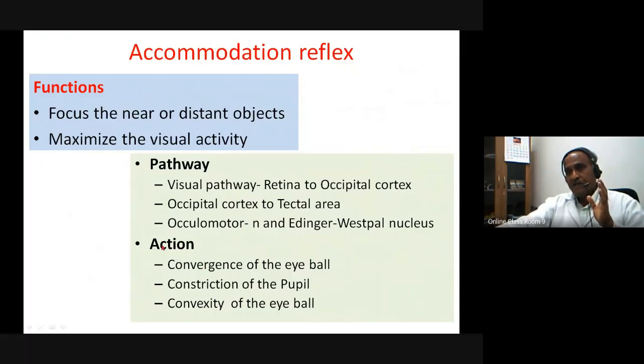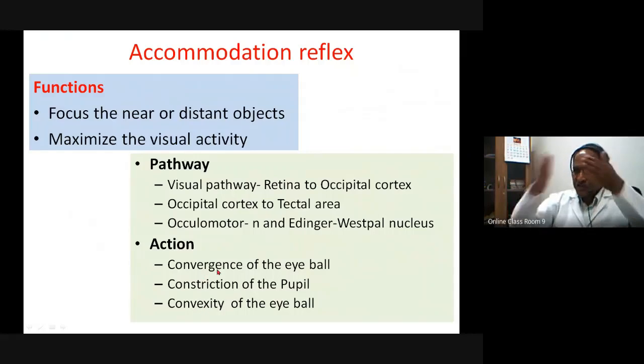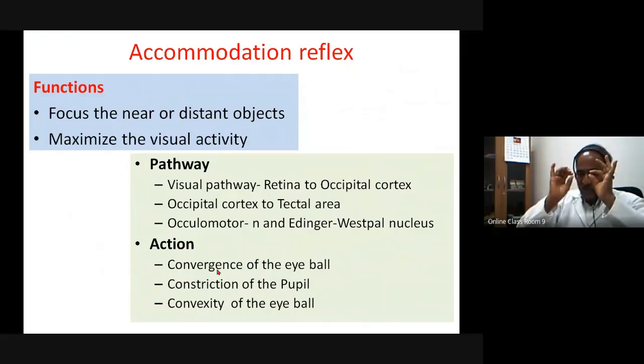So now what is the action? There are three C's: convergence, constriction, convexity. Convergence of the eyeball, constriction of the pupil, and increased convexity of the eyeball. These are the actions of the accommodation reflex.